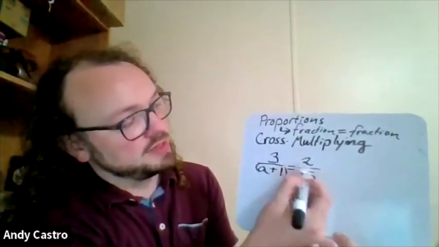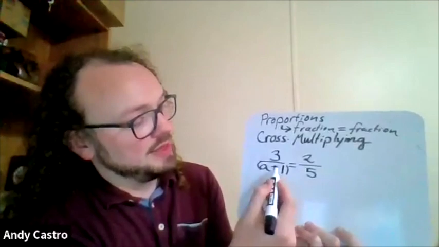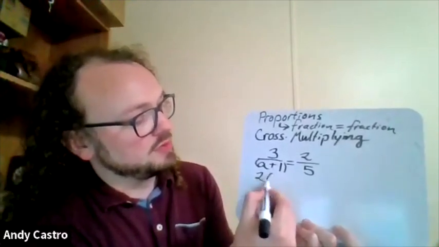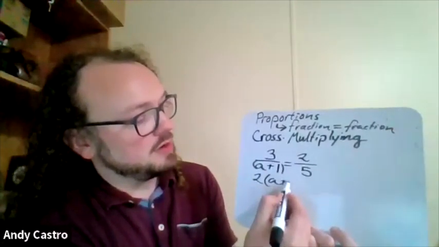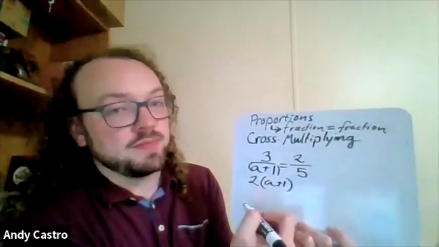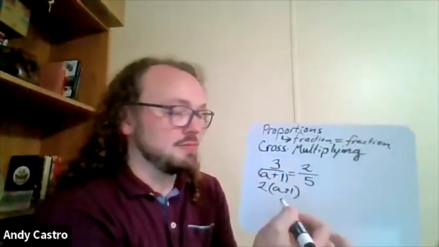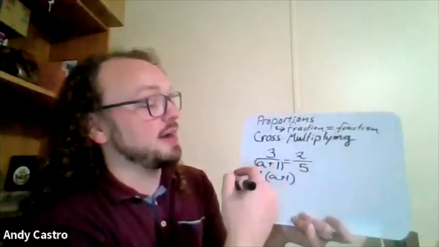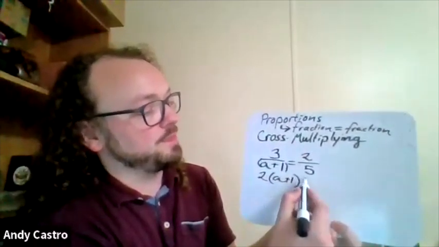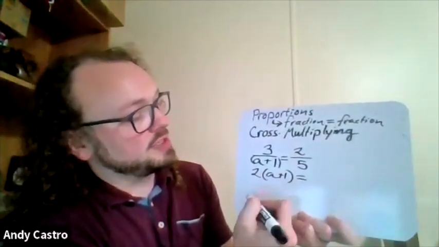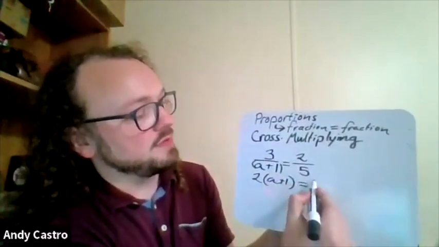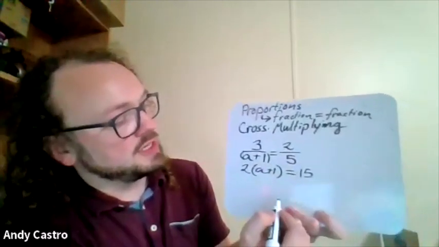Because when I multiply the top right and the bottom left, I'm going to have 2 times a plus 1. It's not 2 times a, and then add 1. It's 2 times a plus 1. And then on the other side, I've got 3 times 5 is 15.